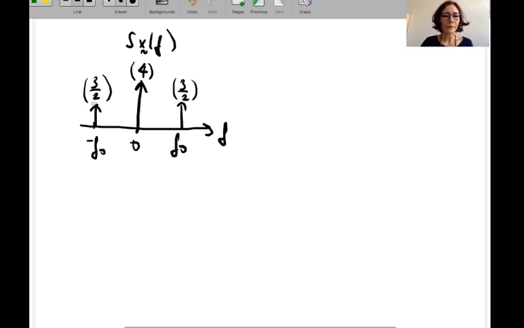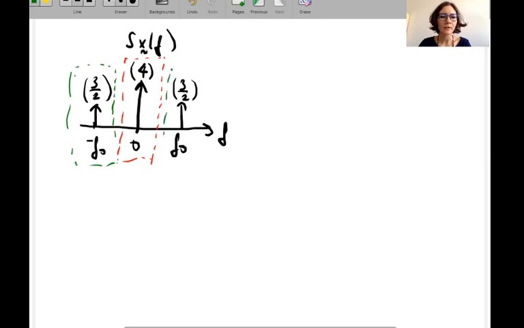So now we have a random process that does have an impulse at f equals 0. So if you look at what happens at f equals 0, this red part is going to give you the DC power, and the remaining components of the power spectral density, which come from the green parts here and here, are going to give you the AC power, actually. So this red part is DC, and the other components are going to be related to the AC power.